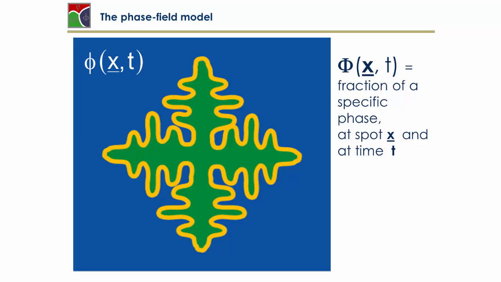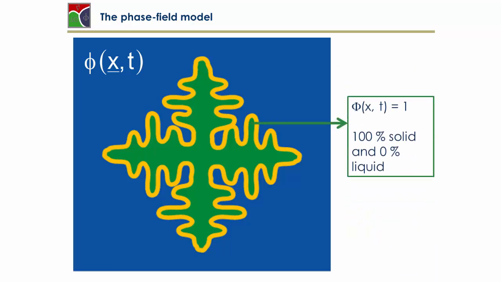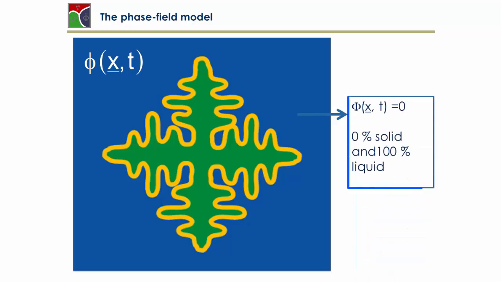In this simple example of a solidification problem, we've got the green areas where the phi takes the value 1, which corresponds to 100% solid and accordingly 0% liquid. And in the liquid areas, the phi takes the value 0, which is 0% solid and accordingly 100% liquid in this two-phase problem.